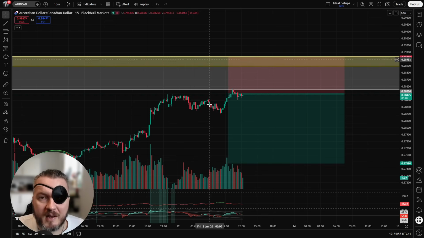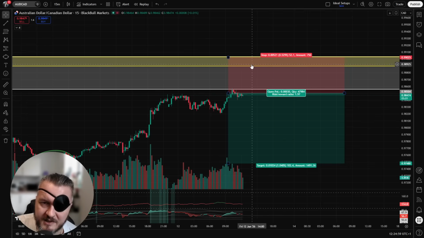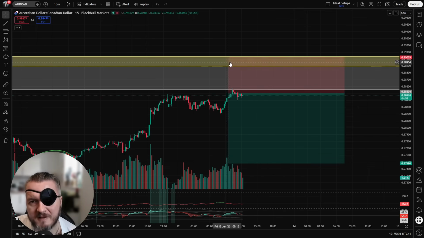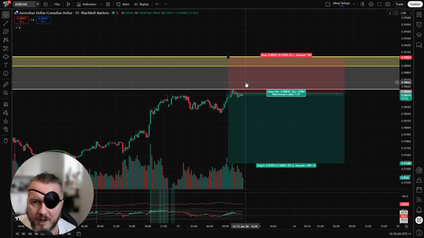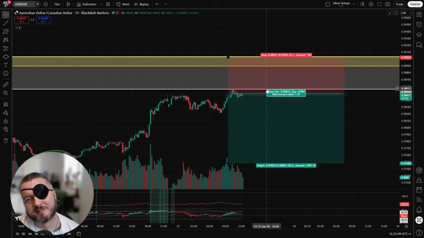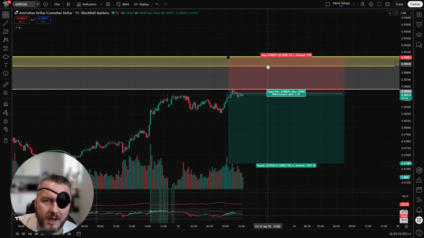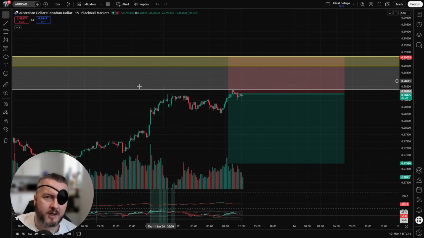But anyway, if it does push up into this area, especially if it tests the fair value gap that I showed you that was created last week, and then starts to move back in our direction, I'll possibly enter an additional sell trade.